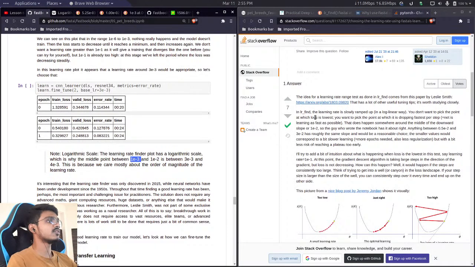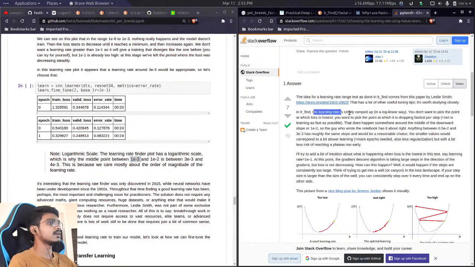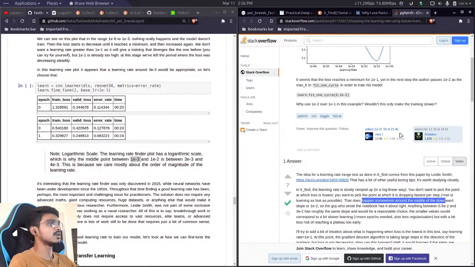In lr_find the learning rate is slowly ramped up in a log-linear way. You don't want to pick the point at which the loss is lowest. You want to pick the point at which the loss is dropping fastest per step. Though it does happen somewhere around the middle, the guy who wrote it has it about right.